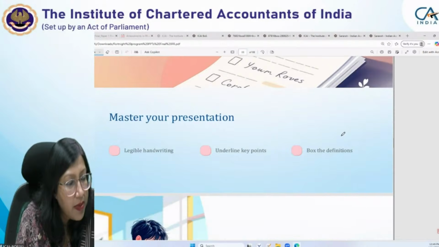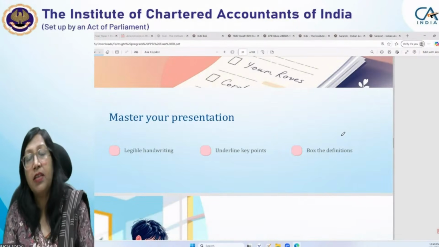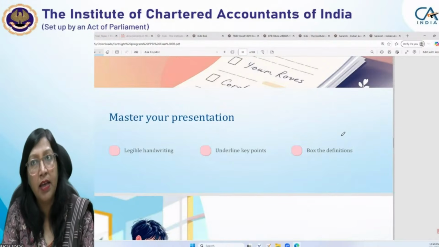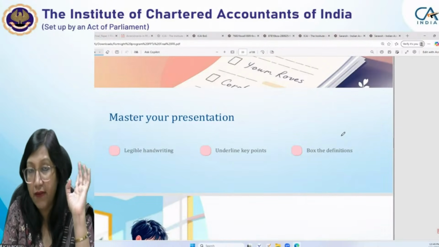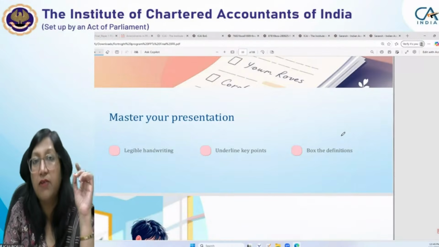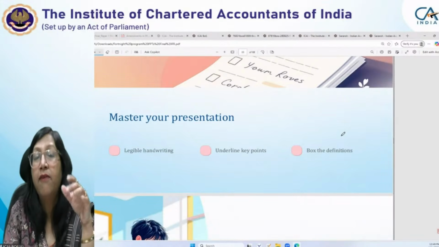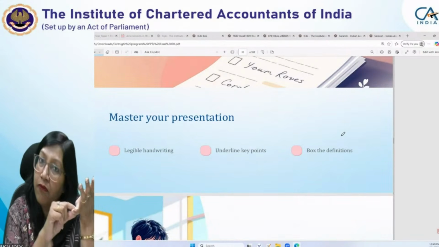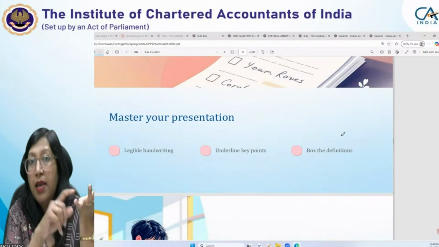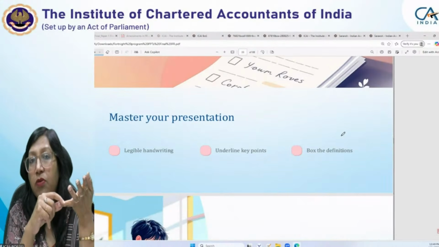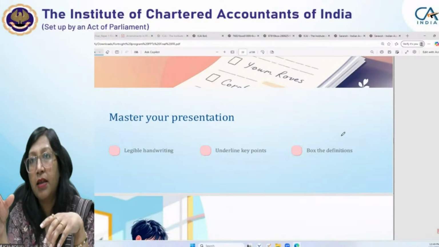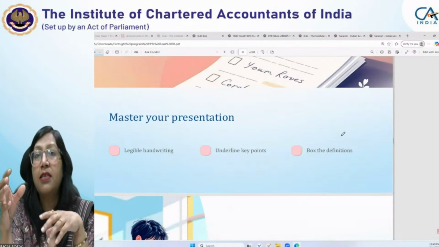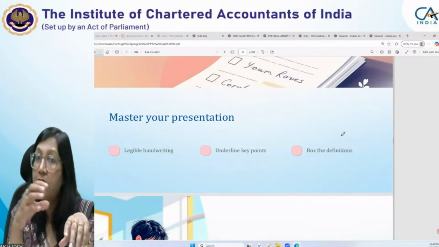Okay, one more question. What is the amendment in Ind AS 1? Can you please summarize? With respect to Ind AS 1, at the end, in paras 72, 73, 74 and 75, we have mentioned breach of contracts. Breach of contract is because of non-compliance with certain covenants. If you are not complying with those covenants, in that case your liability is classified as current instead of non-current.